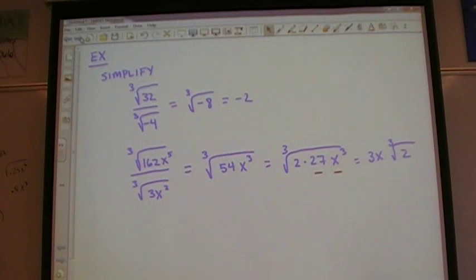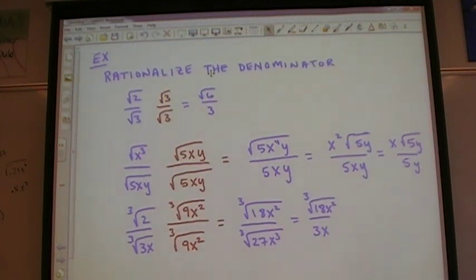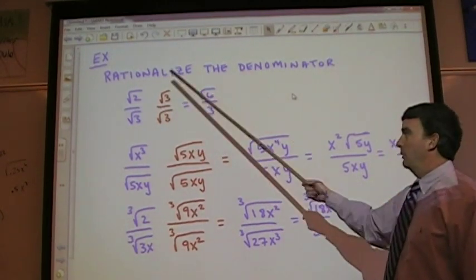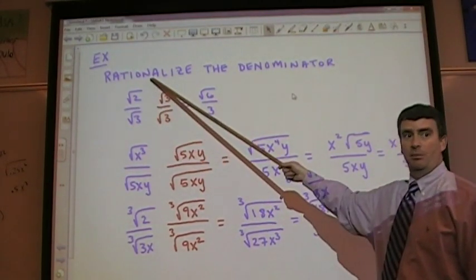Alright, the next example is probably the most challenging. We've talked about this before. Everybody got this down? Yeah, we've talked about rationalizing denominators before. That means you cannot have a square root in the denominator. It's easy when you have square roots. Y'all should remember this. Rationalize the denominator. Here was the original problem in blue.